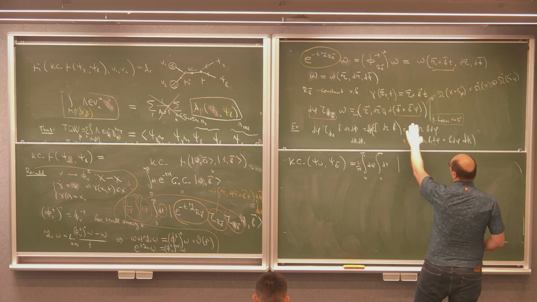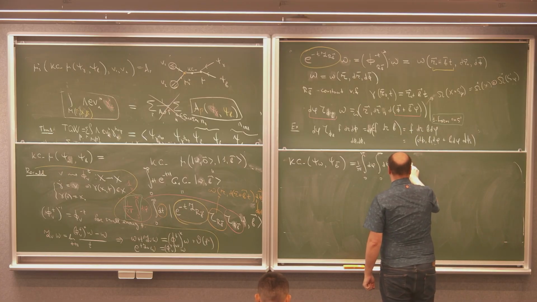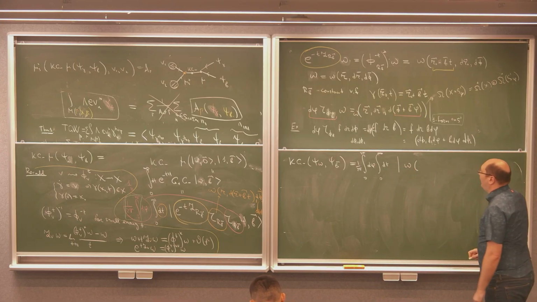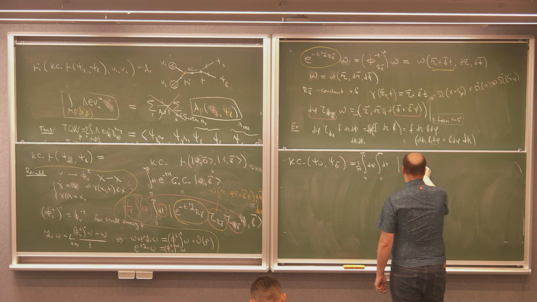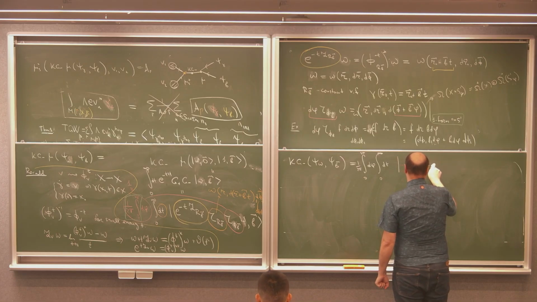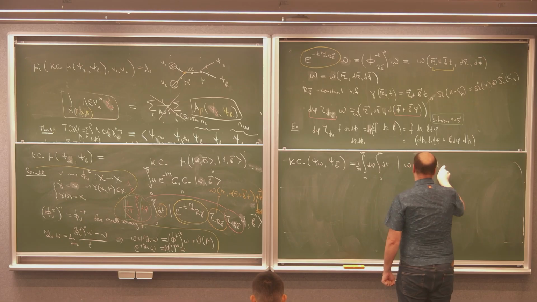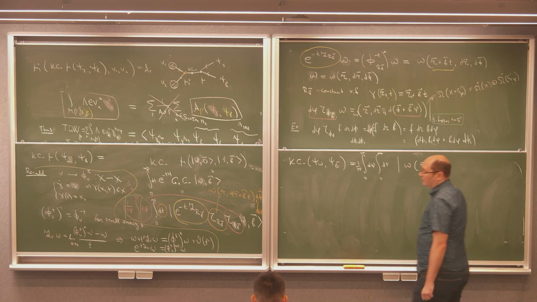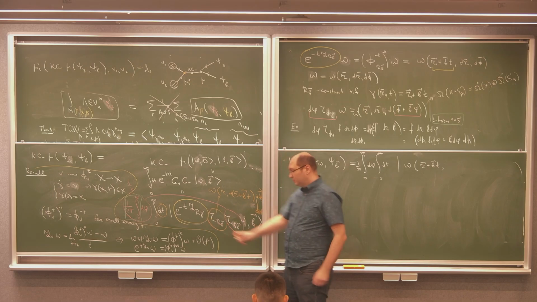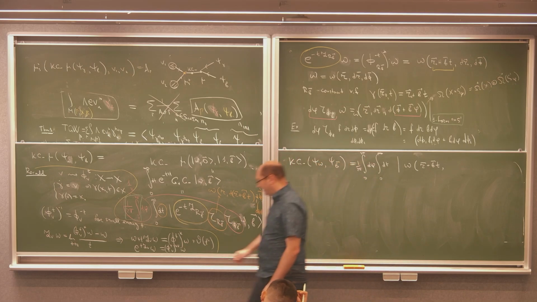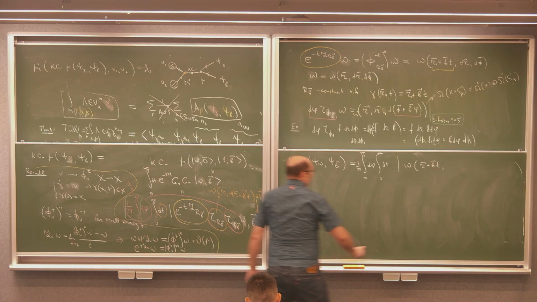Let me continue using this notation. That would be our omega. And for the arguments of this omega, we do the following operation. We shift r by bt. That is done by this yellow operator, exponential of e to the t.